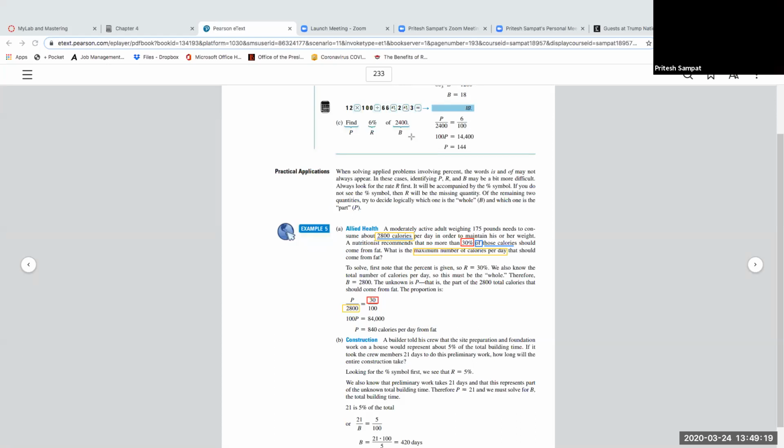And our part, that's going to be right here where it's indicating what is the maximum number of calories per day. And so in this case, we'll be solving for the part. So if we break that down, we end up with a value of 840, and you have to make sure you have the units right. So this is 840 calories per day from fat. That's what we're solving for.